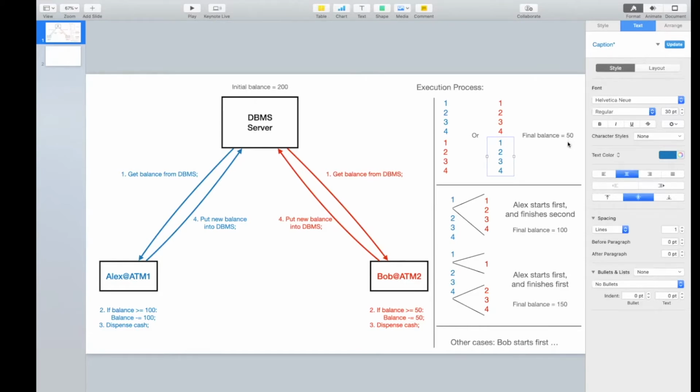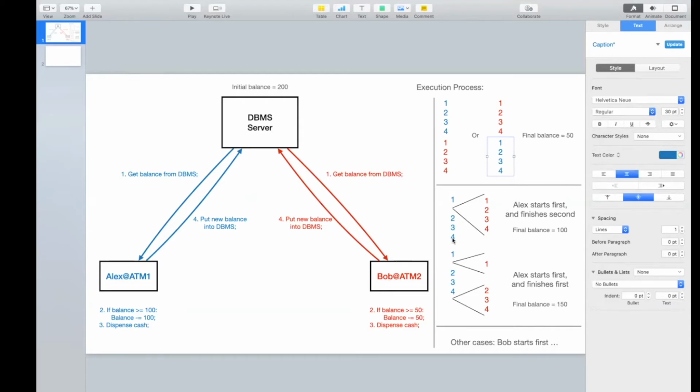However, the DBMS running will have no protections. In other words, when we're executing the blue transaction, the red transaction can cut in at any time. For example, when we're executing the blue transaction for Alex, we do step 1, we get the balance and send it to ATM 1. At this moment, transaction 2 from Bob cuts in.